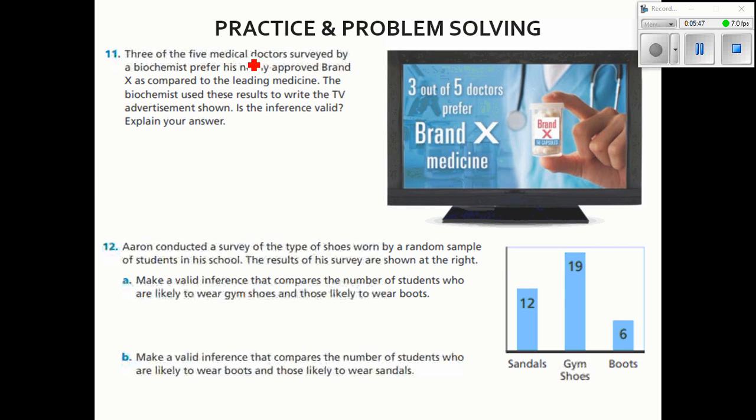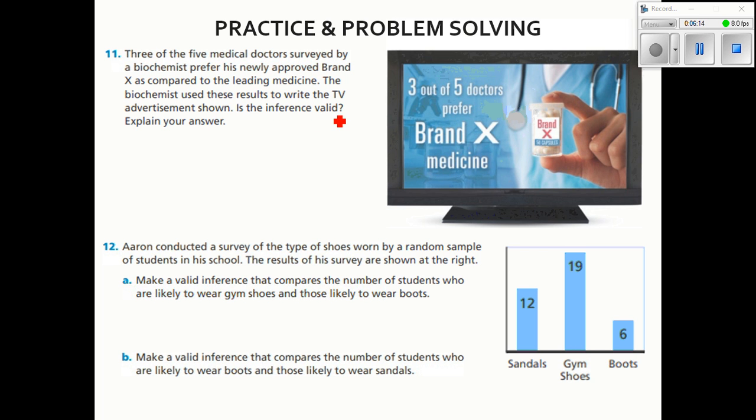Next, it says 3 of the 5 medical doctors surveyed by a biochemist prefer his new approved brand X as compared to the leading medicine. The biochemist used these results to write the TV advertisement shown. Is the inference valid? Explain your answer. When they ask me if the inference is valid, I have to remember what an inference is.